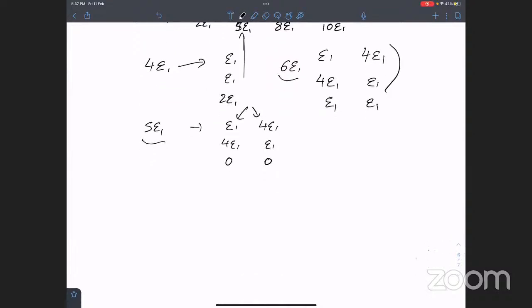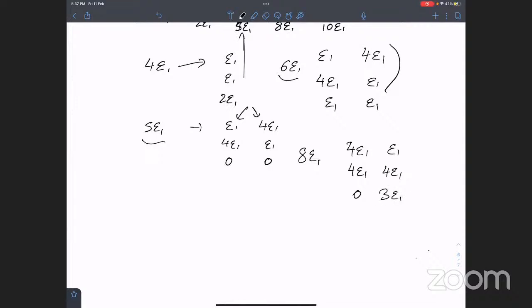Now if I go to 8E1, one way is 4E1 here, 4E1 here, and 0. Another way is E1 here, 4E1 here, and so 3E1 here.